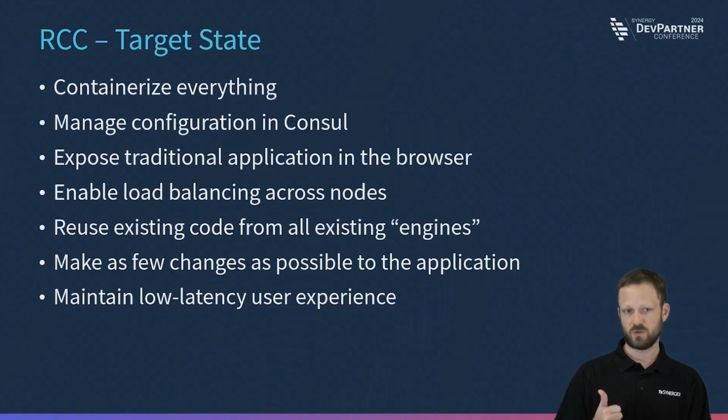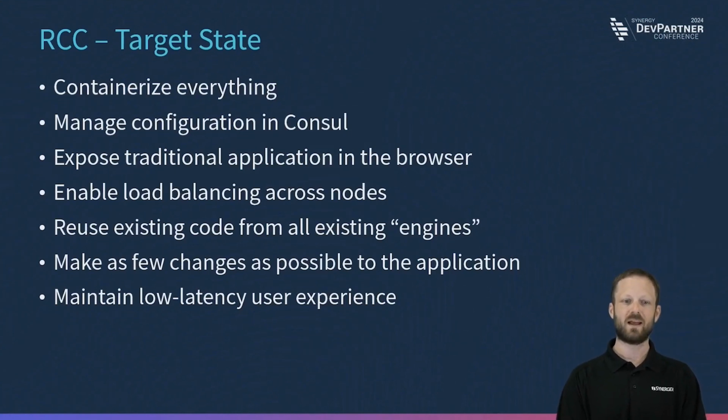We want to enable load balancing across nodes, and we want to reuse existing code from all of the existing engines. So please make as few changes as possible to the application, and we need to maintain a very low latency user experience. Otherwise, we've really just defeated ourselves.